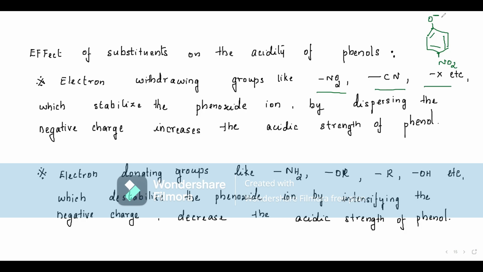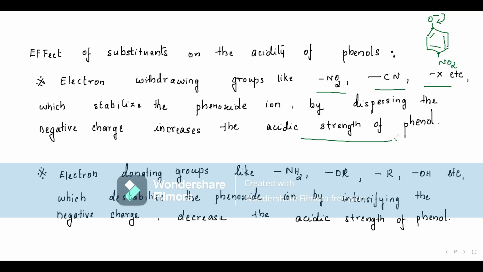Eventually this lone pair is also dispersed. That negative charge is not remaining on oxygen; it gets dispersed because of resonance. Since the negative charge is not residing on oxygen, this increases the acid strength of phenol.